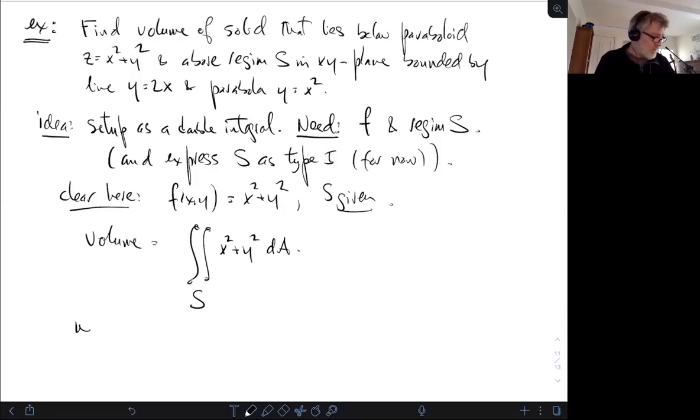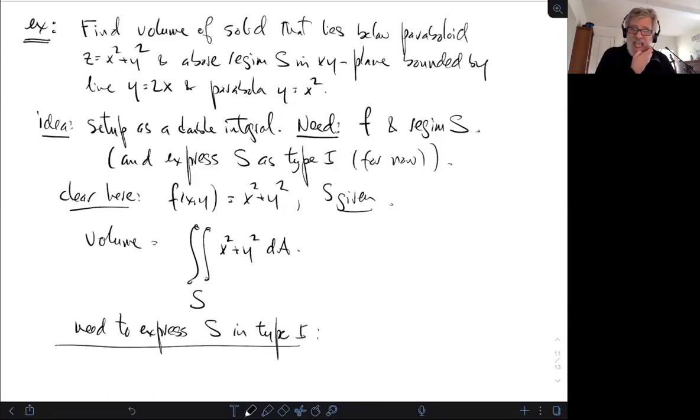Okay, so we need to express S in type 1. Okay? And in most of these problems, and we're not even going to go that far, but even double, triple integrals, the meat of these problems is always the region.